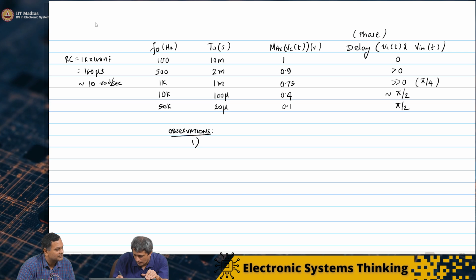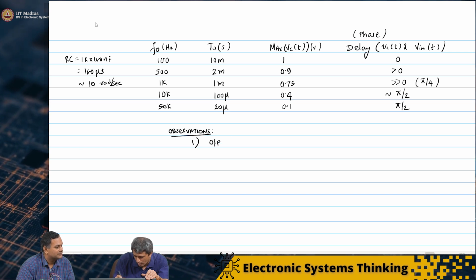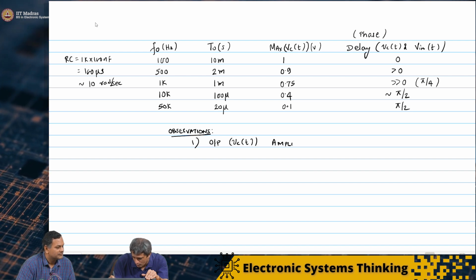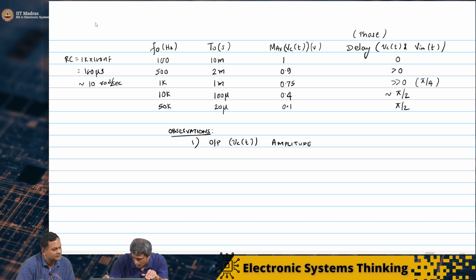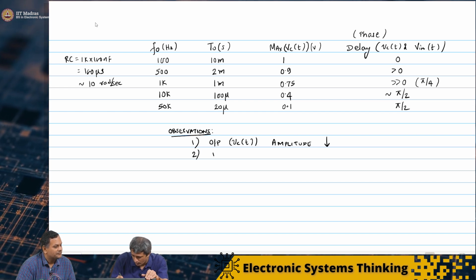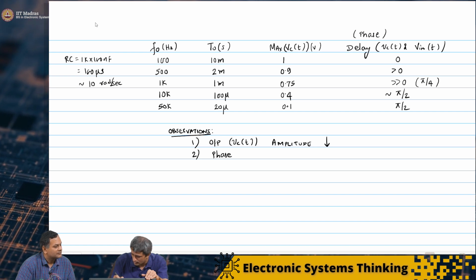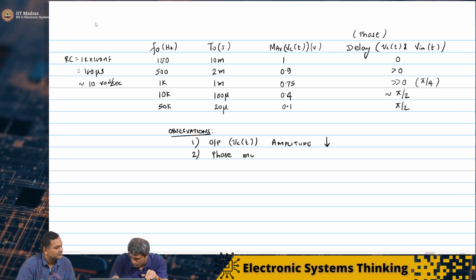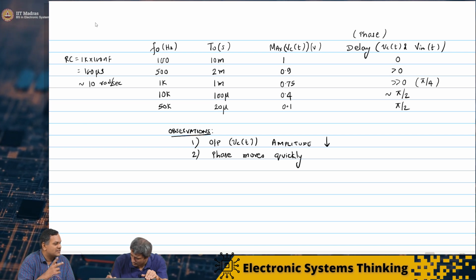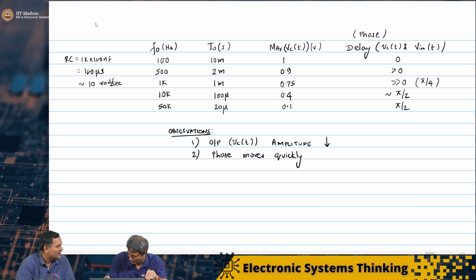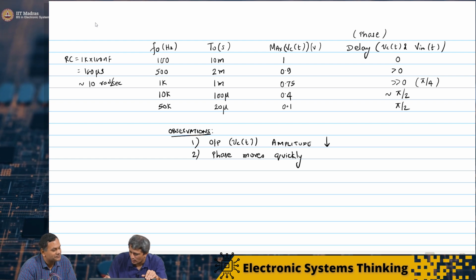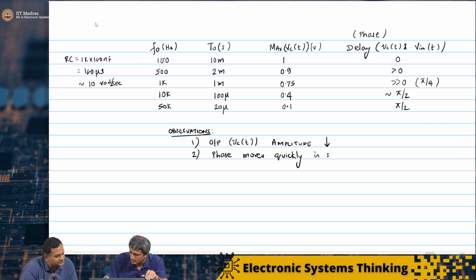One, the output, which is Vc of t, has amplitude steadily decreasing. Two, the phase moves quickly somewhere close to the center, around 1 over RC, or 1 over 2 pi RC, where it moves quickly in some region.